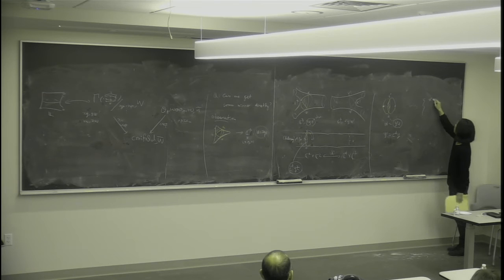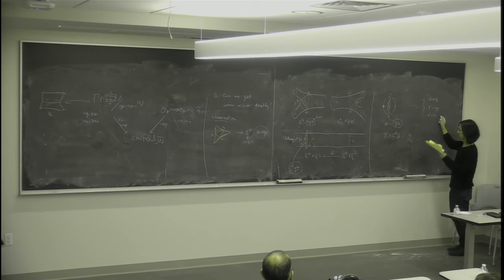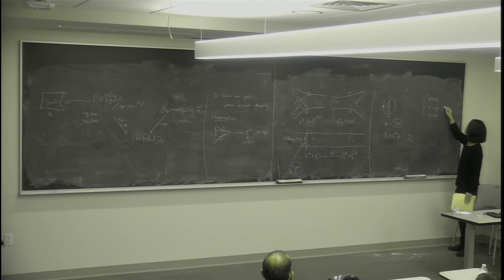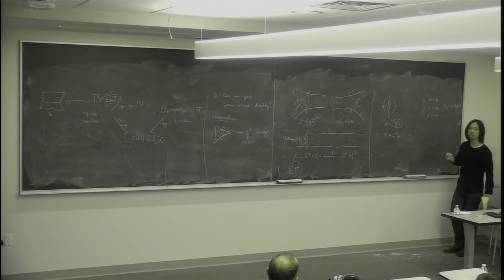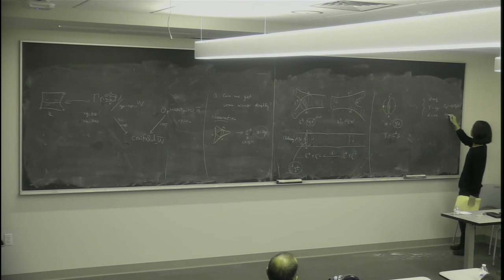Should be 1 over x and y prime equals x. And you can check that this is actually O minus, O plus. And you can also check x, y, z equals x prime, y prime, z prime, which is denoted by w.